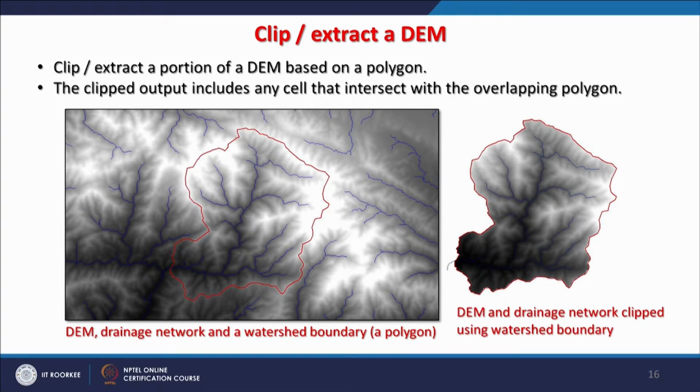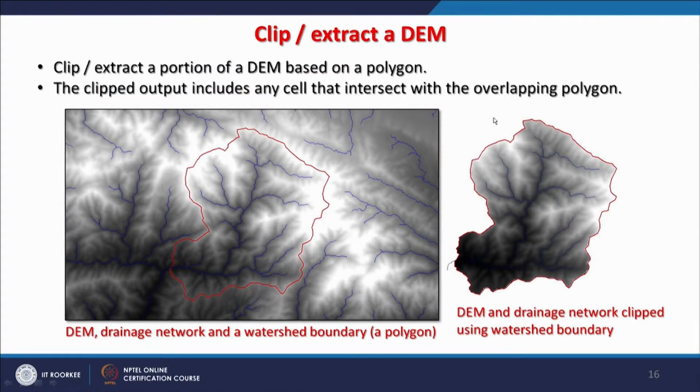In the system it is definitely rectangular, because if you draw lines through the extreme north, south, east and west, that makes a rectangle, and the rest of the area is filled by no data values.